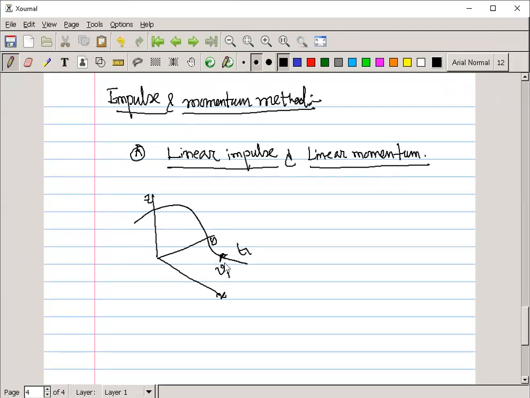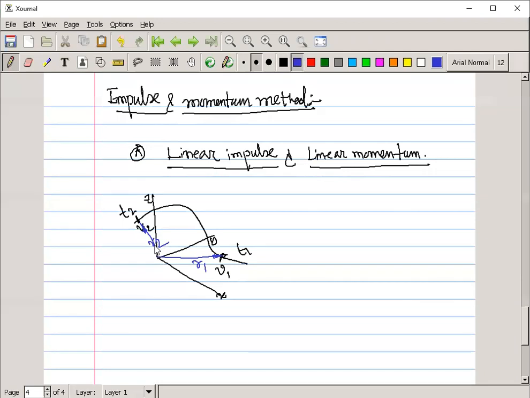Actually this black line we have considered is a path. At time t2 suppose it will travel up to this point where the velocity of that particle is v2. As this is a curve, consider this distance as r1 and this distance as r2.